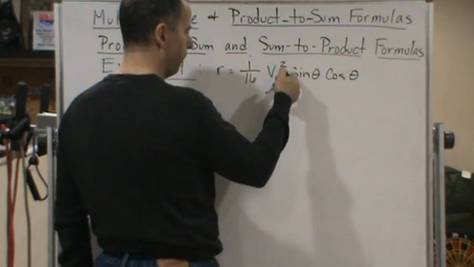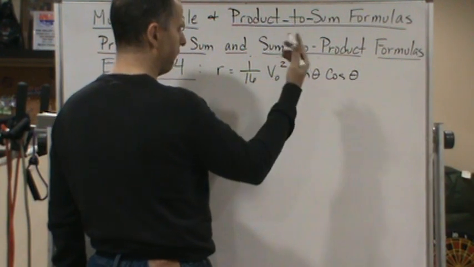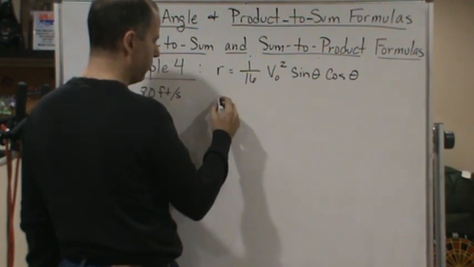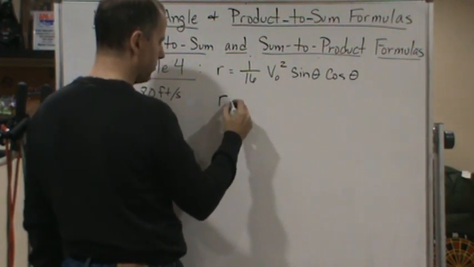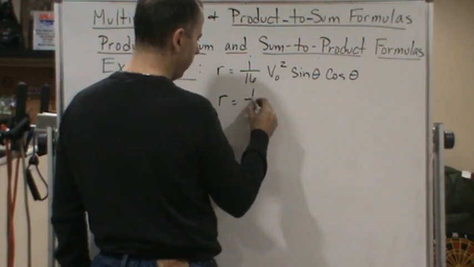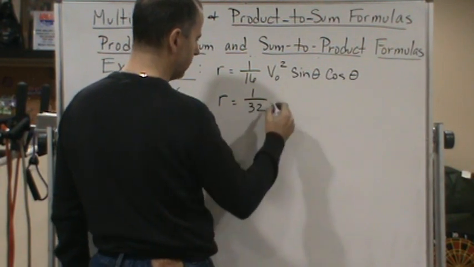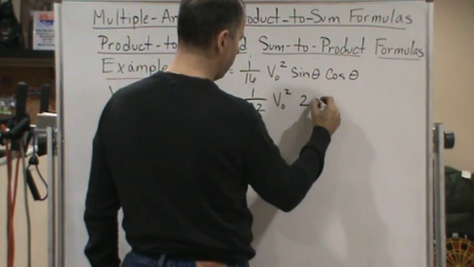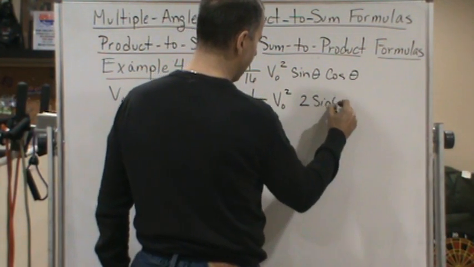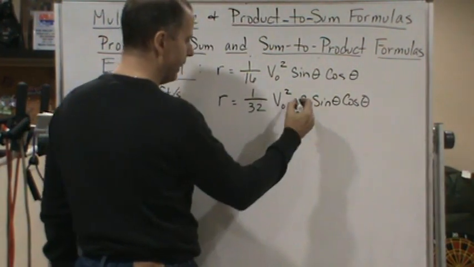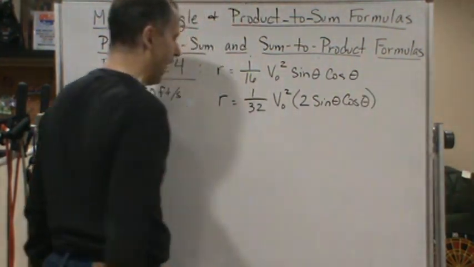If I multiply by 2, I have to divide by 2. So I can rewrite it as R equals 1/32 v naught squared times 2 sine theta cosine theta.